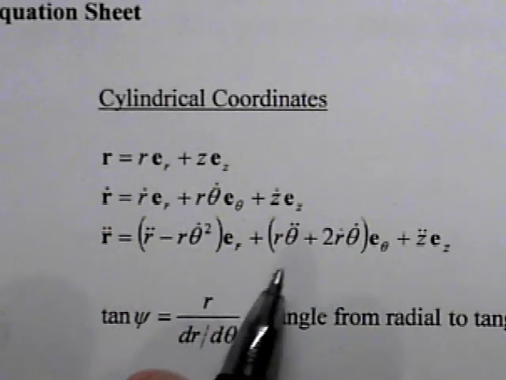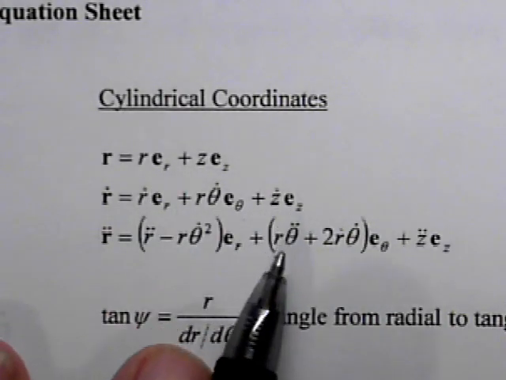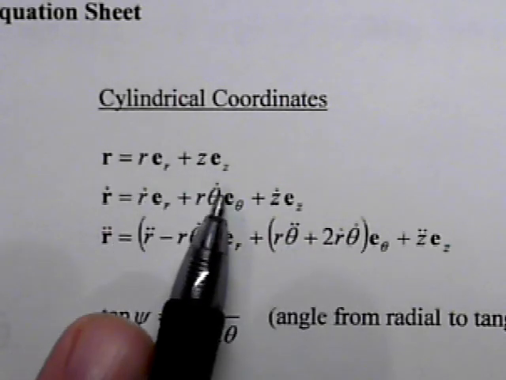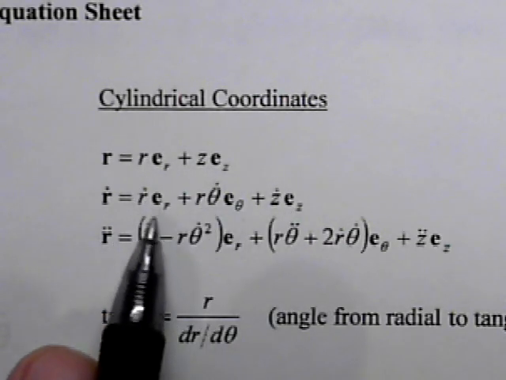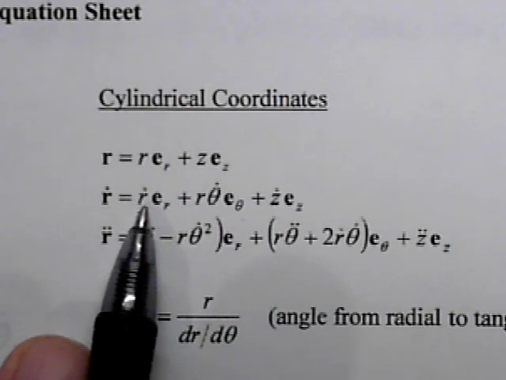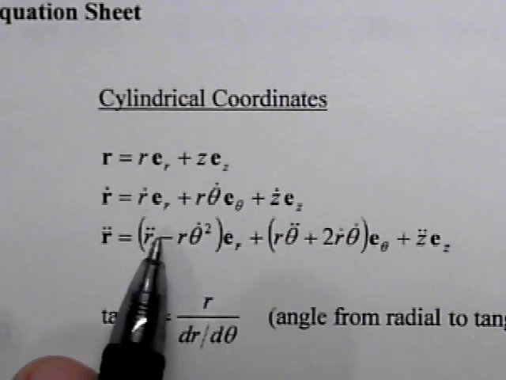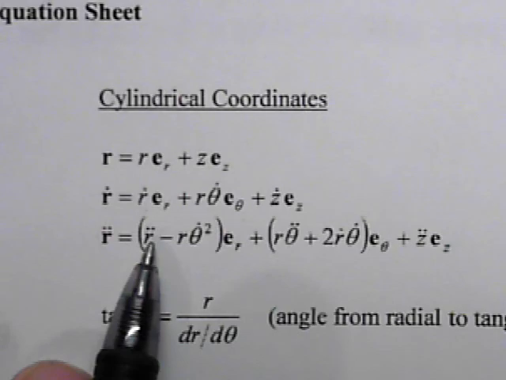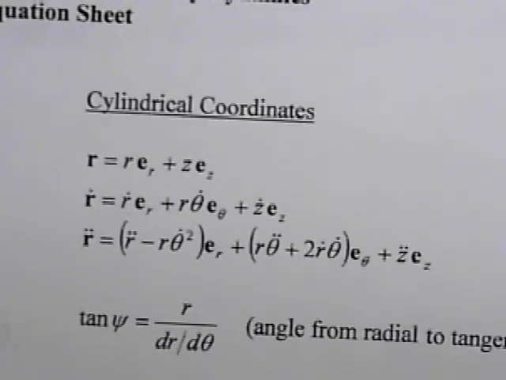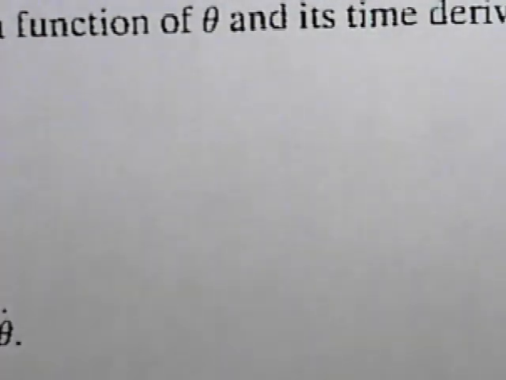In order to write these as functions of theta and derivatives, notice they already involve theta and their derivatives. But we're going to have to write r dot and r double dot as functions of theta and its derivatives. So we've got to take those two derivatives. Here we go.